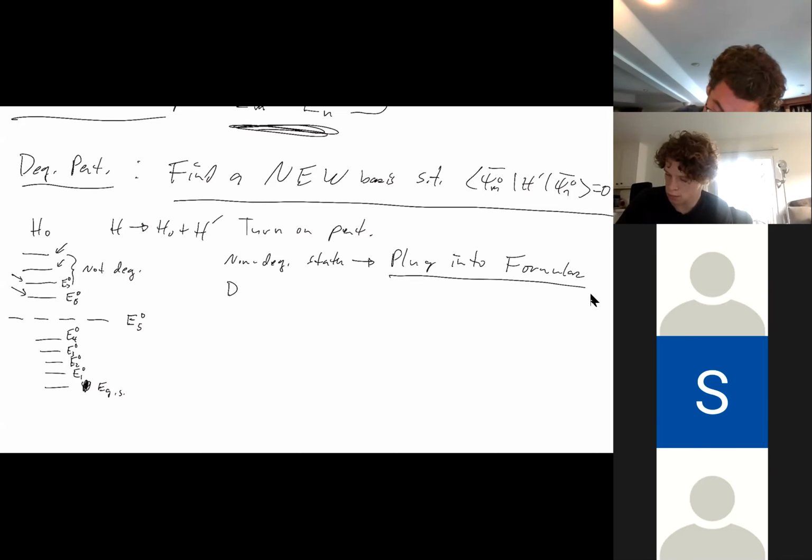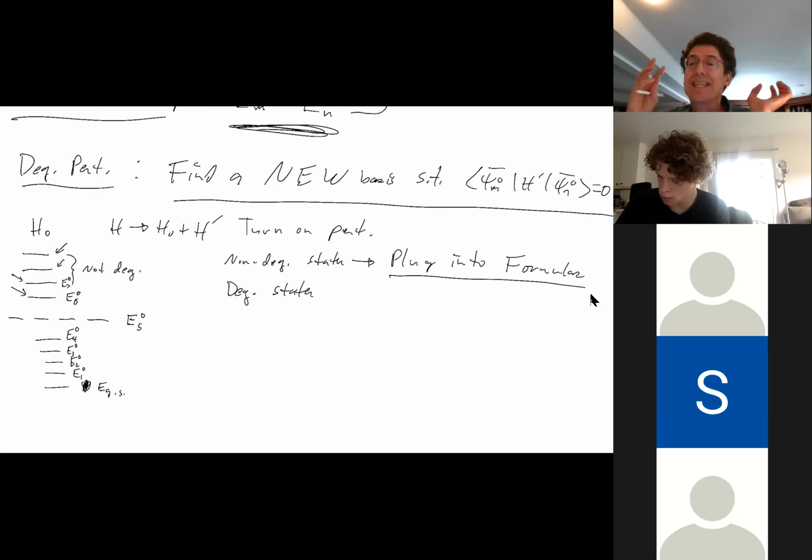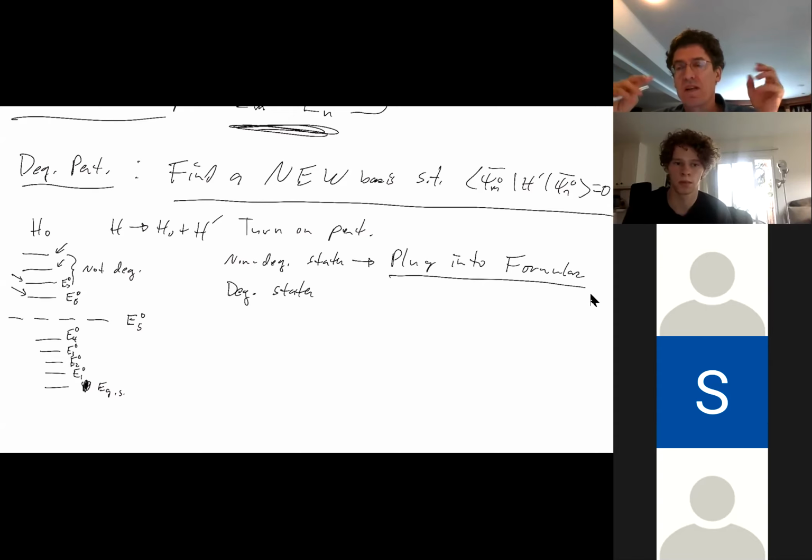But then you get into the degenerate states. And by the way, I'll call that a degenerate manifold. What is the dimensionality of the degenerate manifold that I have shown in this little picture I just drew? Somebody tell me. 4.